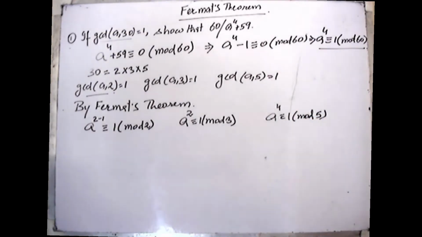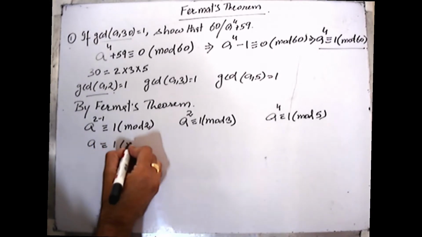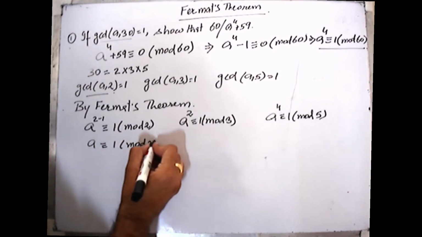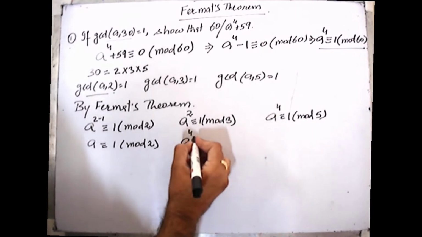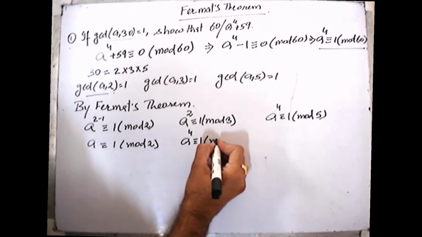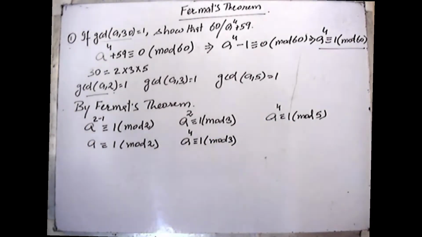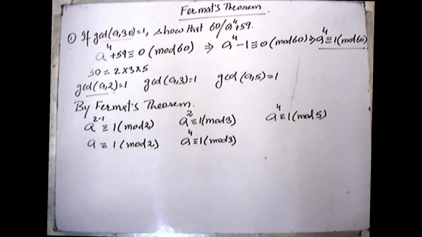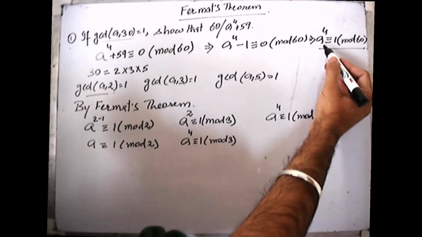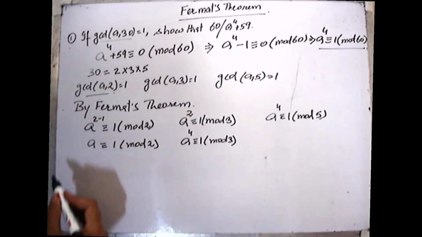Now you see, from here we get a is congruent to 1 mod 2. And a squared is congruent to 1 mod 3, so raising power 2 on both sides, a power 4 is congruent to 1 mod 3. And here we already have a power 4 is congruent to 1 mod 5. Now just try to see, we already have the result a power 4 is congruent to 1 here, and very easily we can raise power 4 here.